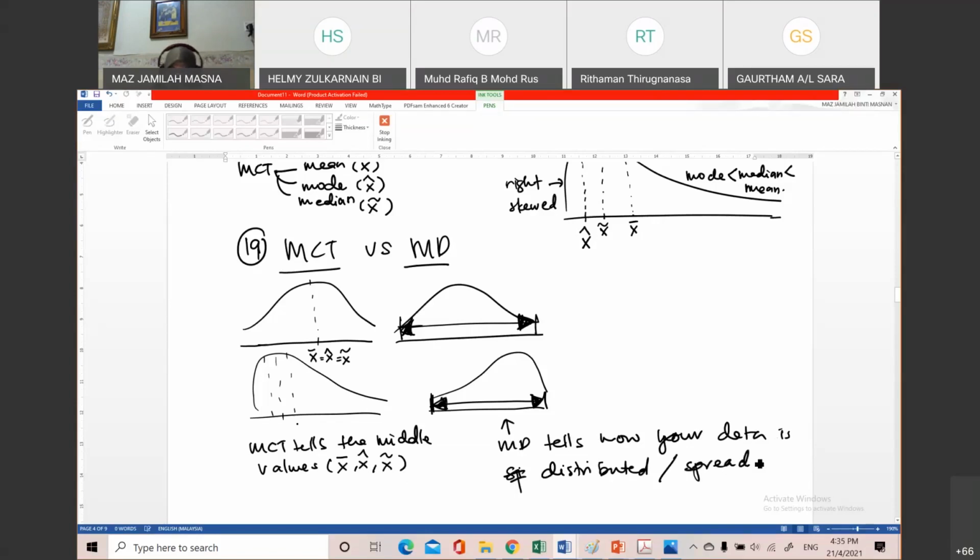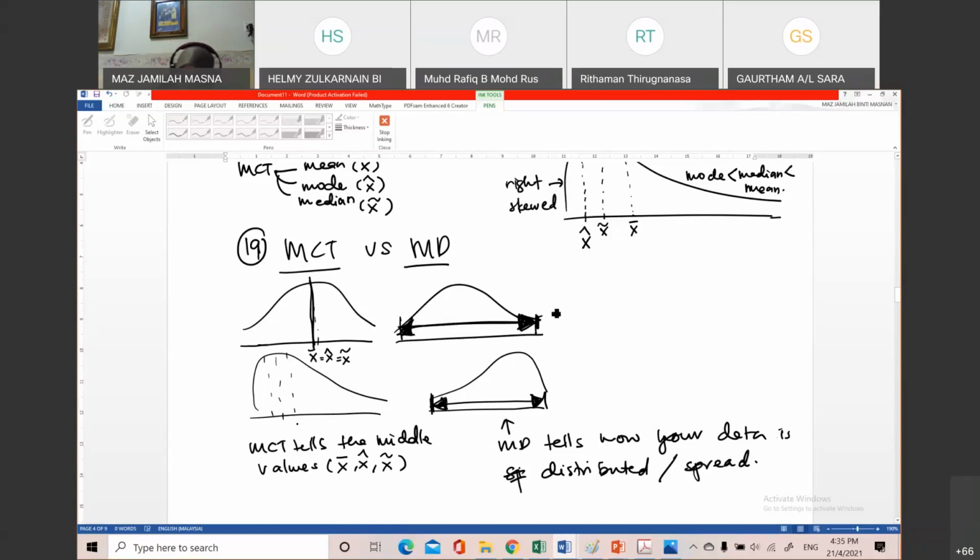MCT only tells the middle value, which can be the mean, mode, or median. But measure of dispersion tells how much your data is spread from the beginning to the end of your data.